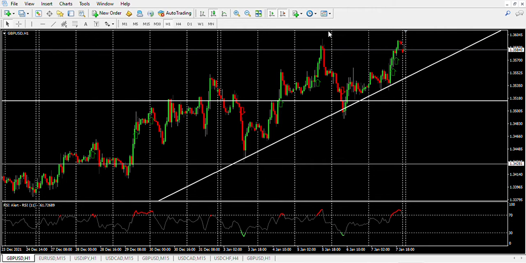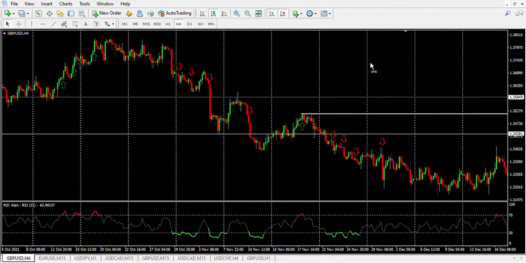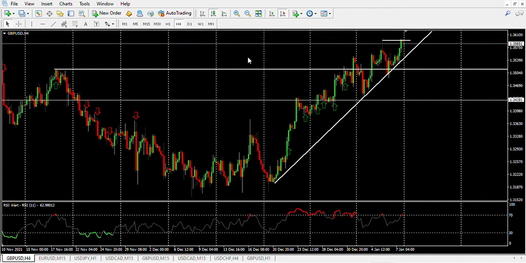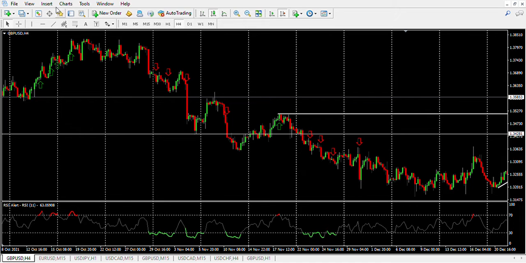So we also have a double top at this area here. We also have a double top at this area here. The settings that I have on my RSI work really great as well at an area of pullbacks. Like let's say you're in a downtrend and you'll have a temporary pullback. For example, let me show you this.